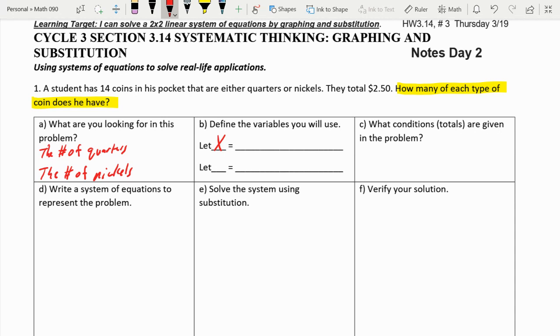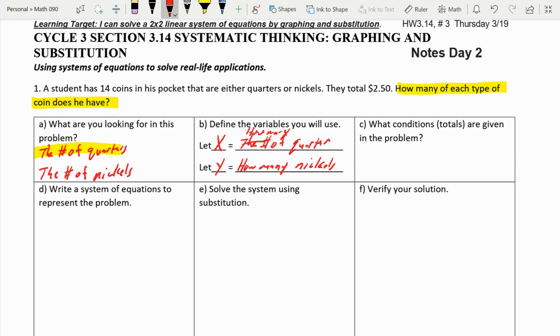So be specific. x is going to be the number of quarters, and y is the number of nickels. I guess we could have put how many up here also: how many quarters, how many nickels. That's what we're looking for.